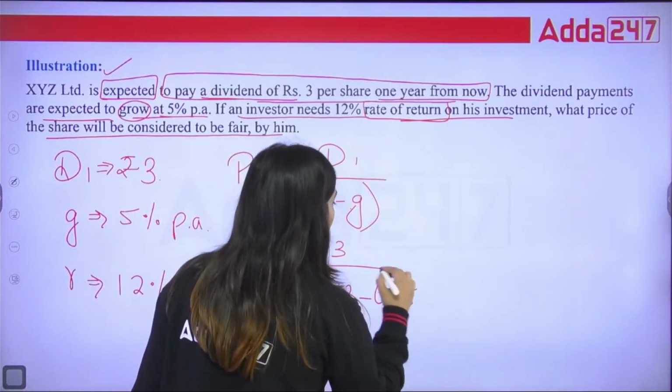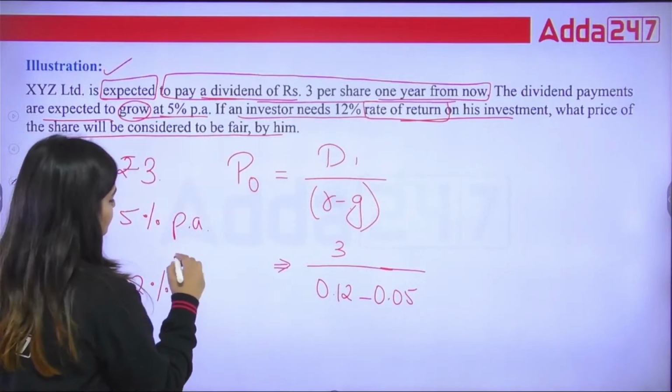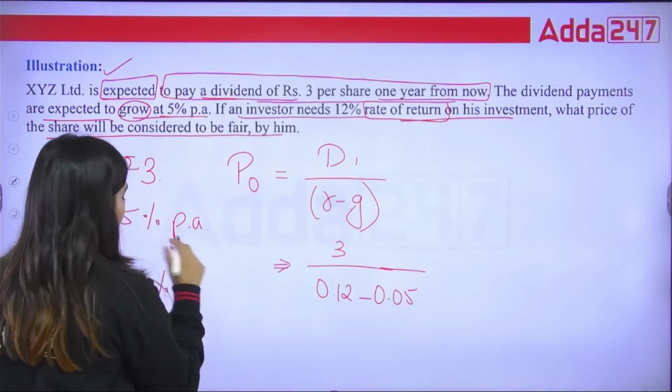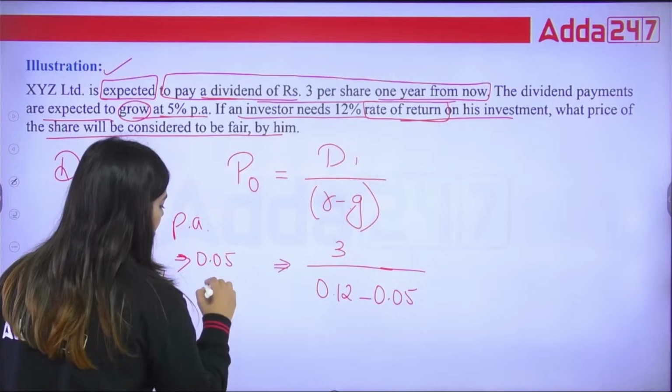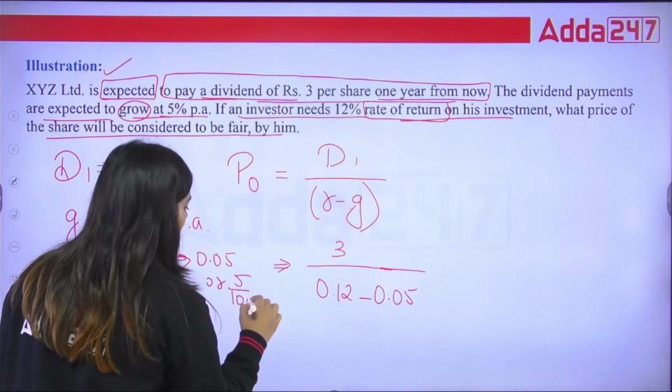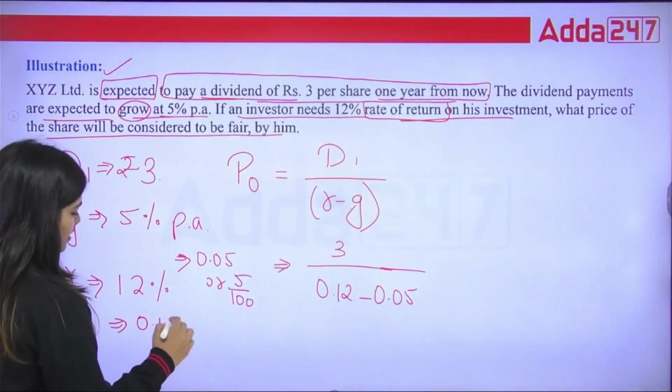I hope you know how to write all these percentages as fractions now. The fraction of this 5% is 0.05, or 5 divided by 100. The fraction of this 12% is 0.12.